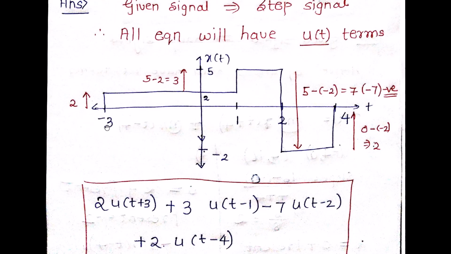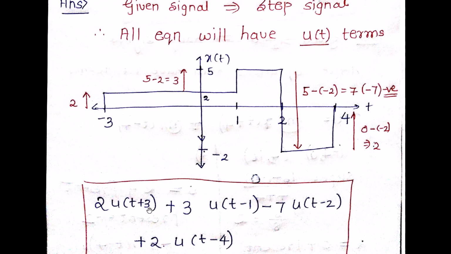So at -3 you're going to have u of t plus 3, at 1 you're going to have u of t minus 1, at 2 you're going to have u of t minus 2, and at 4 you're going to have u of t minus 4. So on the negative side you have plus 3, and on the positive side you have minus 1, minus 2 and minus 4, because these are the points at which the change is taking place.